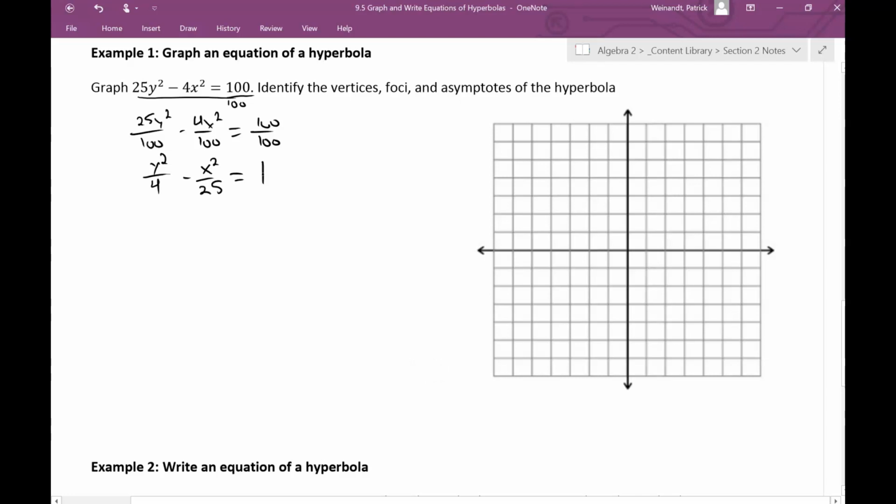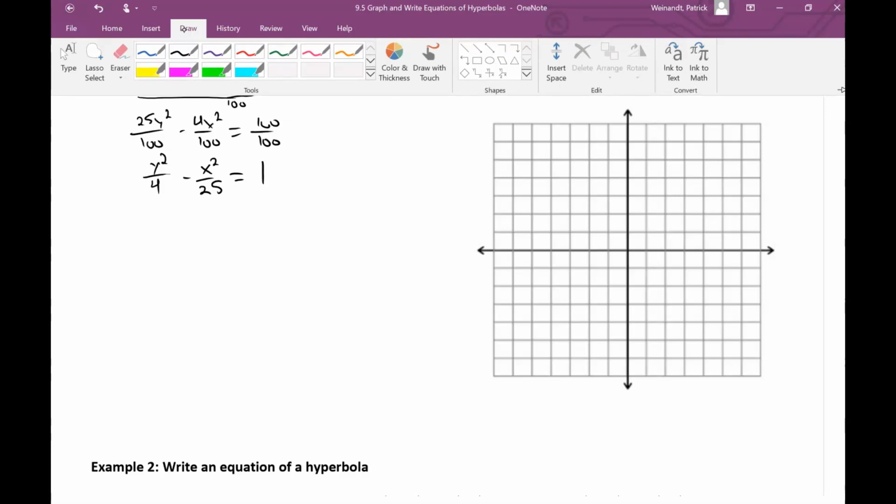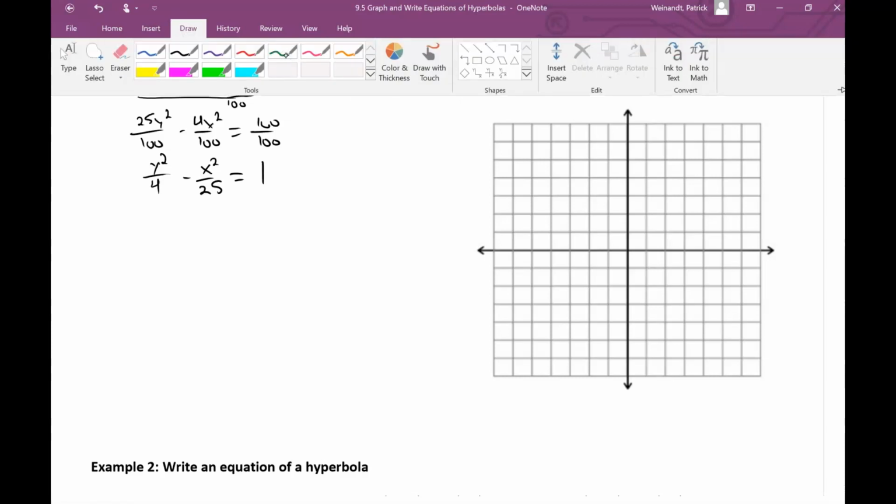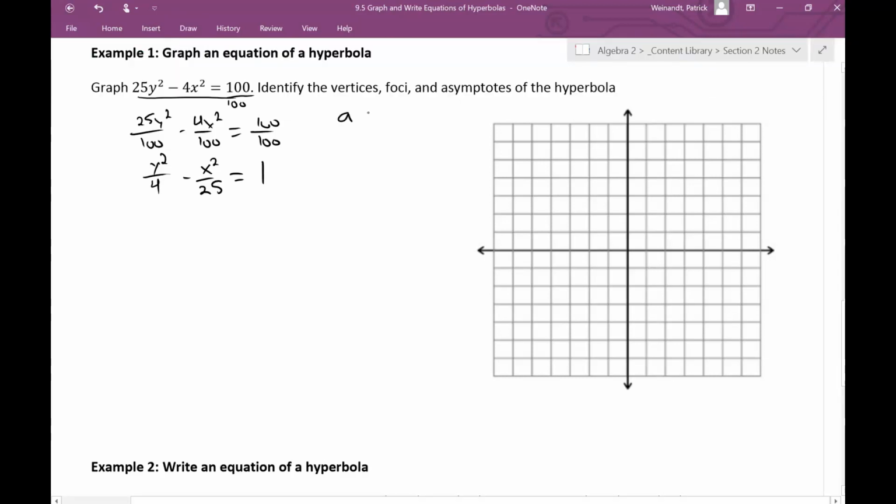Now, once this is in standard form, you want to identify your a value, identify your b value, and then find your c value to plot your foci. Our a squared equals 4, which means a is 2.